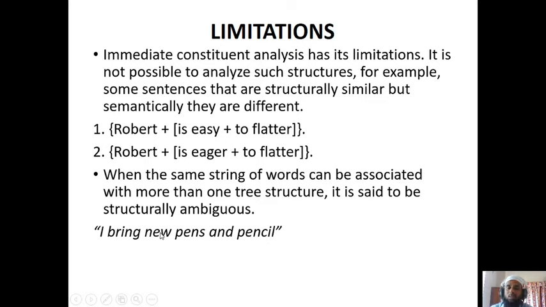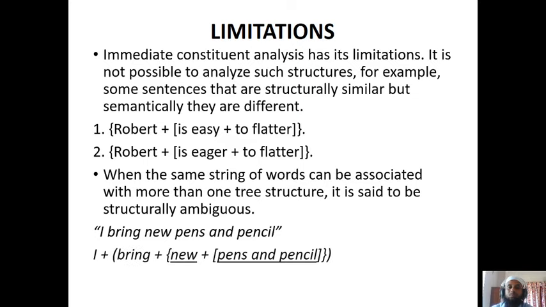So it is structurally ambiguous, and IC analysis or tree diagram cannot analyze sentences like this within its purview. That is why this is another limitation of immediate constituent analysis, that if the sentences are structurally ambiguous, it cannot analyze them. So here is the sentence: I bring plus new plus pens and pencil.